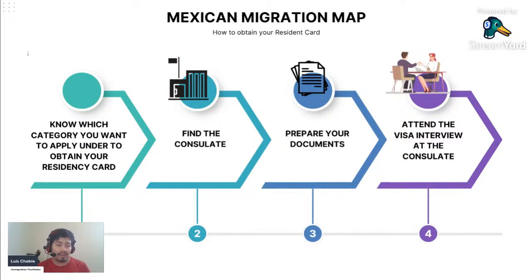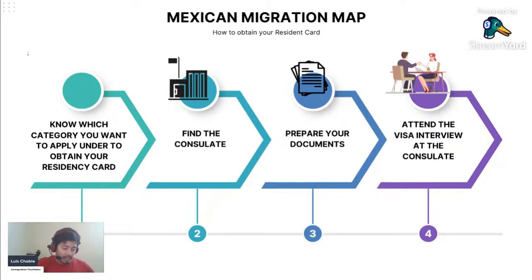The first step is you need to know which category you want to apply under to obtain your resident card. The objective is to obtain, of course, your Mexican visa, but your Mexican visa has a purpose: being temporary or permanent. That is the objective.